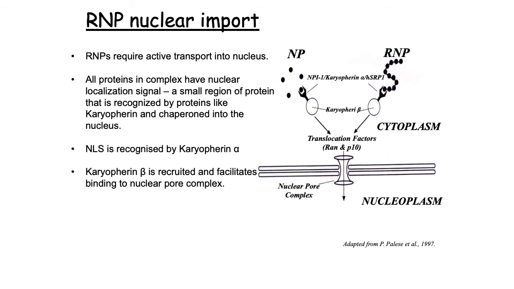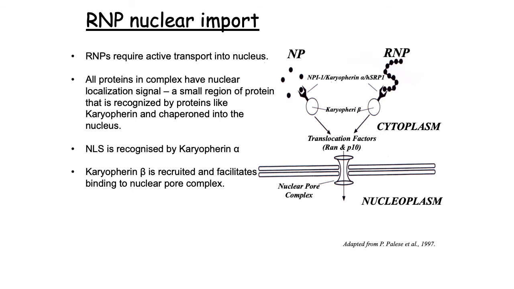So look at the little diagram there. And what you can see is that the nucleoprotein itself has a small region on it called a nuclear localization signal, the NLS. And you can see that over at the left written out, NLS, nuclear localization signal. And that is going to bind to a protein called karyoferrin A. So eukaryotes, the karyo part, this means nucleus, or rather we're going to substitute this word for nucleus.